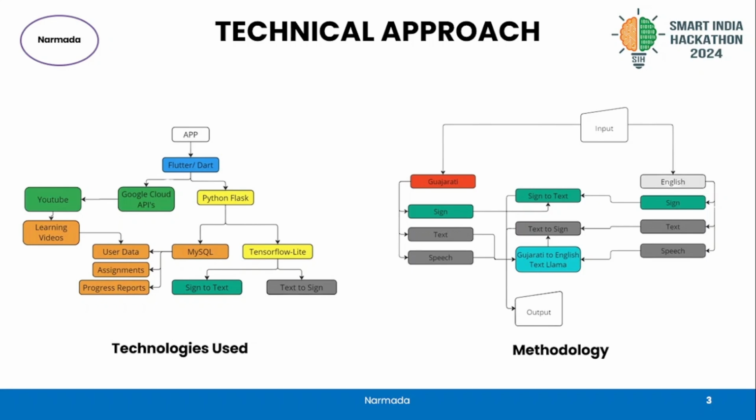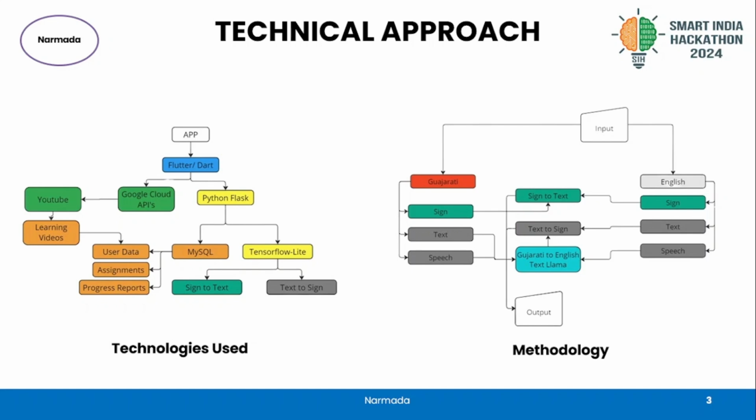That is, the English speech will be converted into English text through open source Llama models, and the Gujarati text and speech similarly will be converted into English text based on open source Llama models, so that in future development the language won't be an issue.